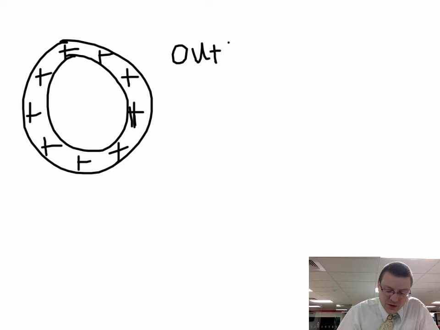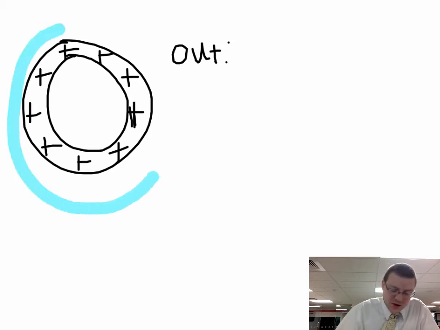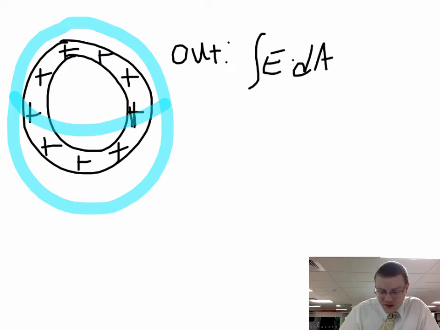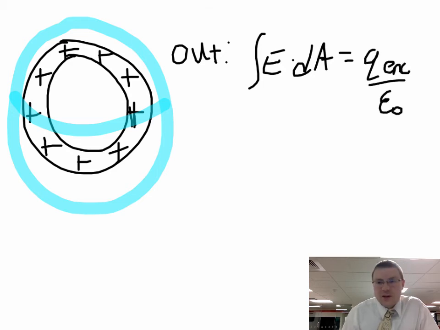The outside usually was easier because we took Gaussian spheres and surrounded the outside with a Gaussian sphere, and we said, all right, is there electric field? Going back to Gauss, E dot dA is the electric flux, and there's electric flux if we enclose charge. Well, there is positive charge enclosed, so check on that.